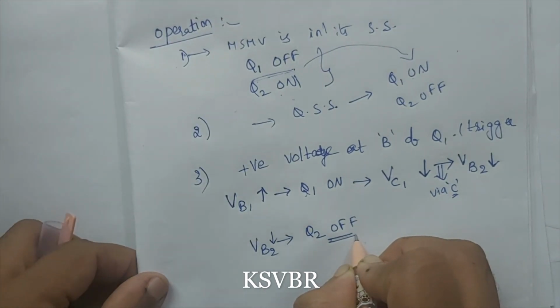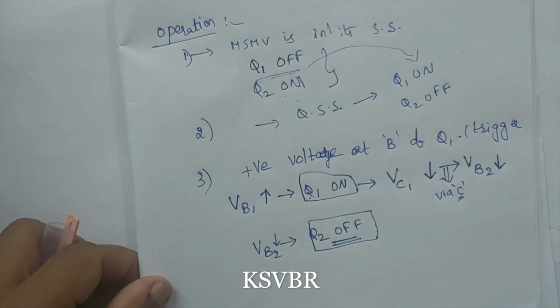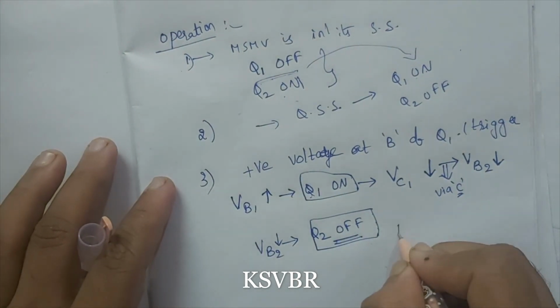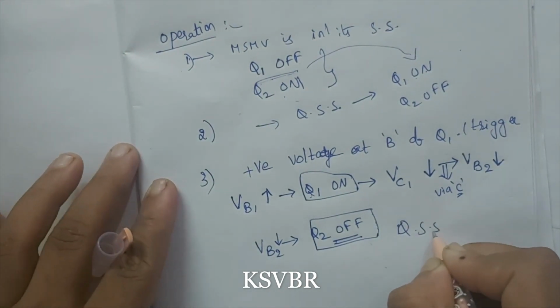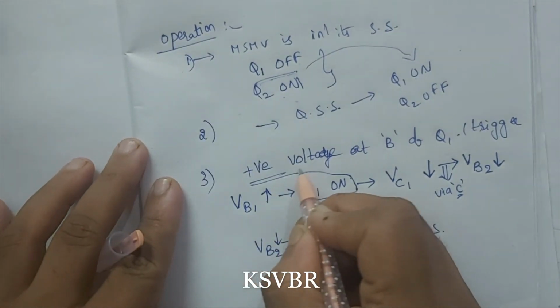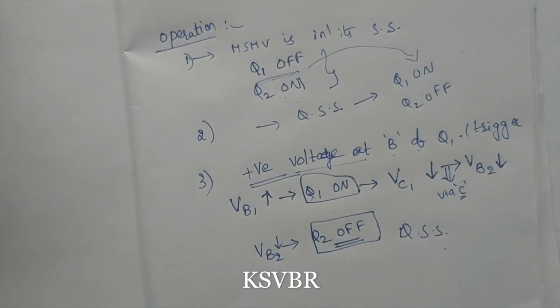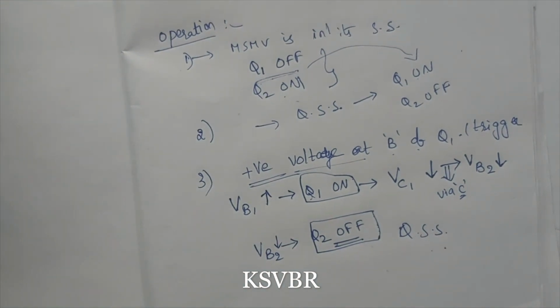At the end of this stage, Q1 became on and Q2 became off. This is called the quasi-stable state. We achieved this state by applying positive voltage at the base of Q1 transistor. Now we are in the quasi-stable state.